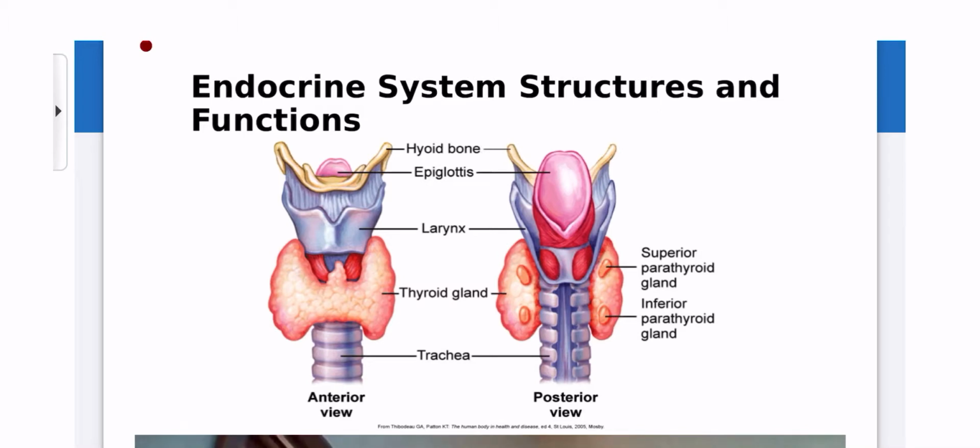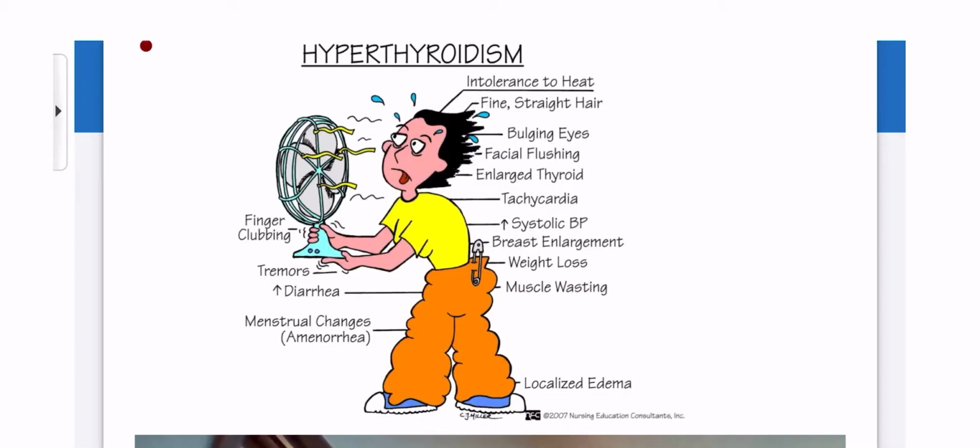Word to the wise, if there is an obviously enlarged thyroid gland, do not palpate it, because this will stimulate hormone excretion and a hyperthyroid state. Thyroid toxicosis, to be exact. You don't want to go there. So let's look at symptoms of hyperthyroidism. This poor person.